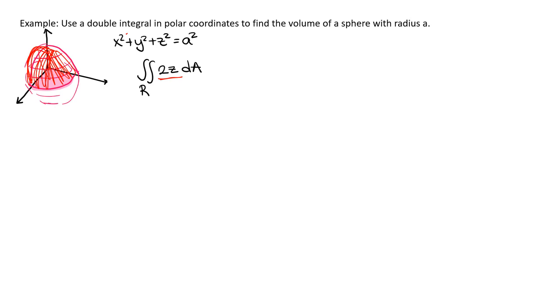Okay, so top and bottom have the same volume. So I'm going to integrate 2 times the z values given by that sphere over this region in the xy plane. And the region I'm talking about is the projection of that sphere, or the shadow of that sphere in the xy plane. And that slice or shadow of that sphere in the xy plane is just a circle with radius a.